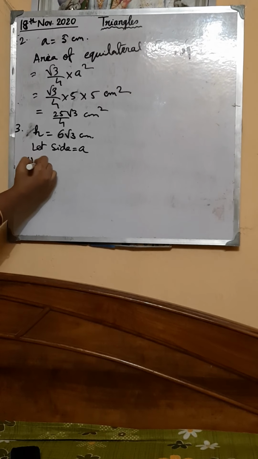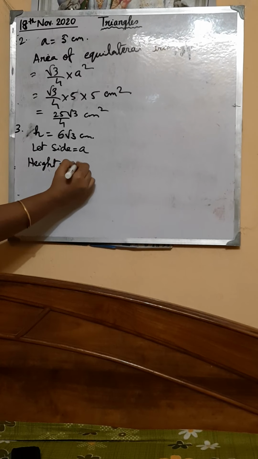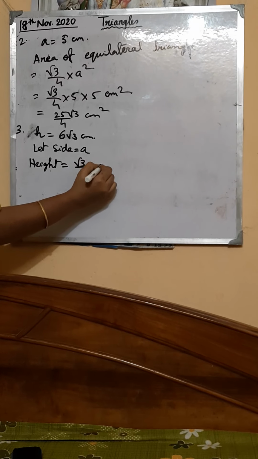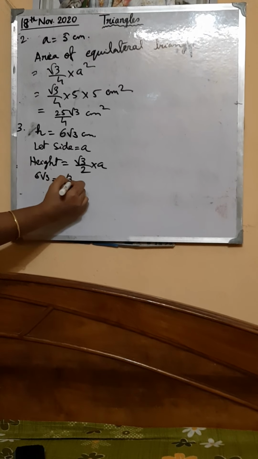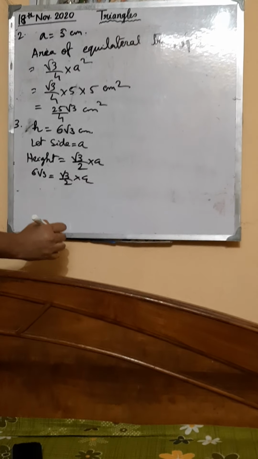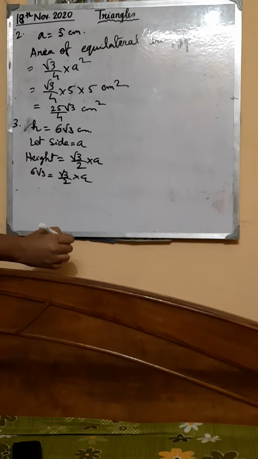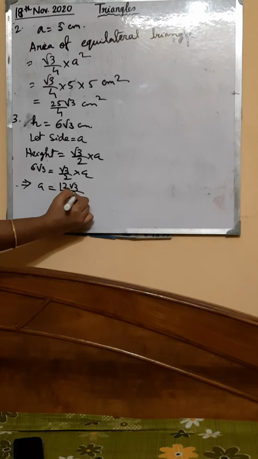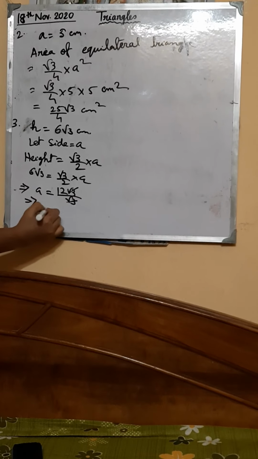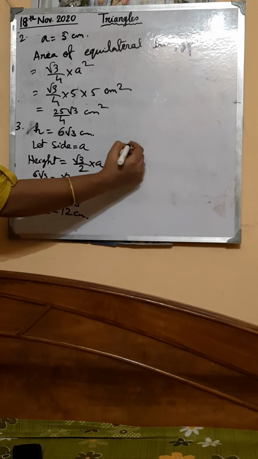When side is A, so height will be what? Root 3 by 2 into A. Now see, height given 6 root 3 equals root 3 by 2 into A. We have to find the area. First we have to find the side. Now A equals what? 12 root 3 by root 3. So A equals 12 centimeter.